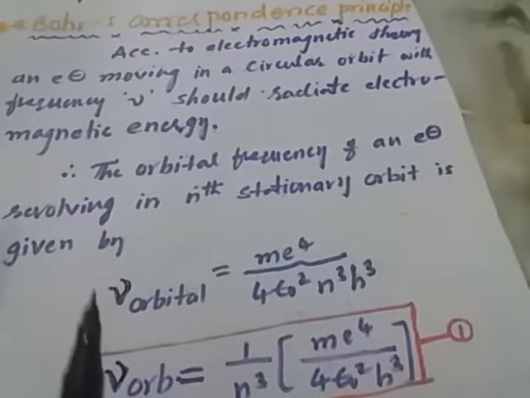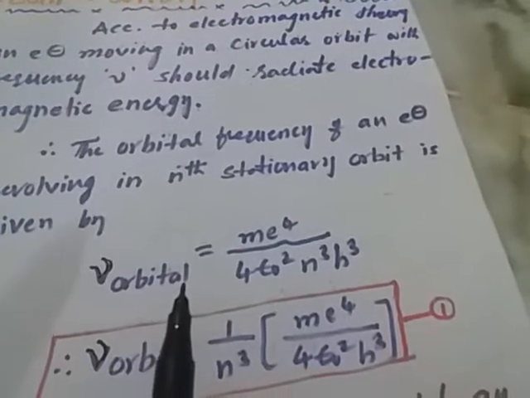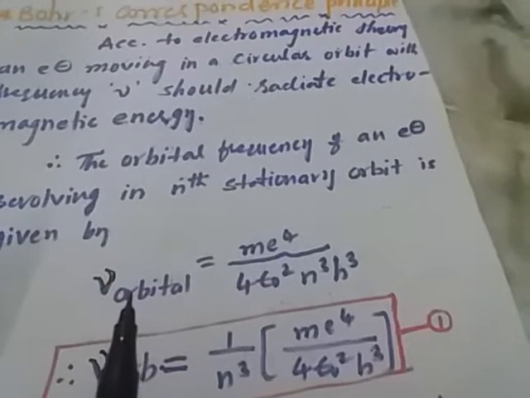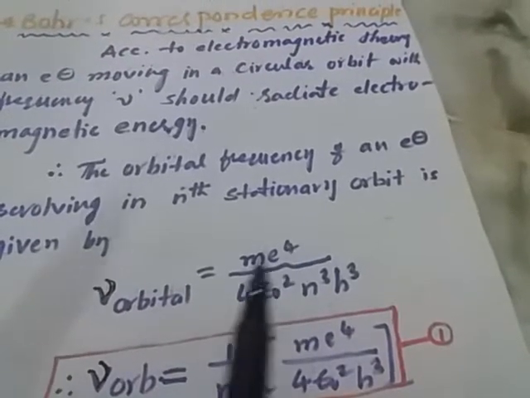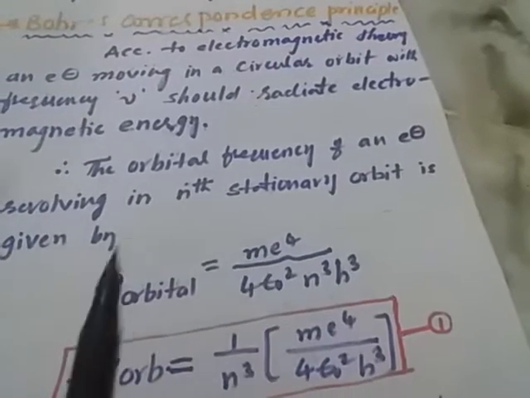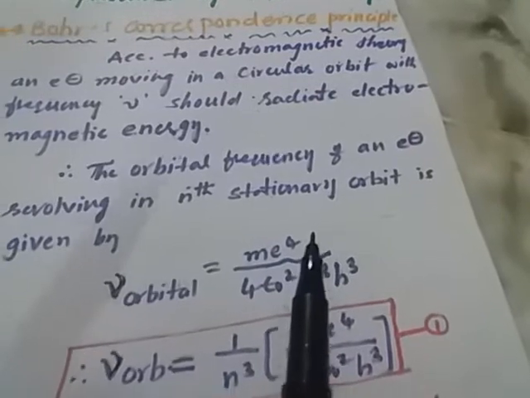In that, the frequency is obtained and the time period of the electron is also determined, students. Yes or no? So the frequency of the hydrogen atom, nu, equals m e to the power of 4 by 4 epsilon naught square n cube h cube. This is the orbital frequency.